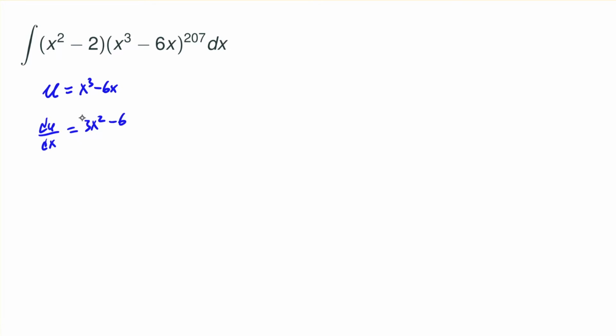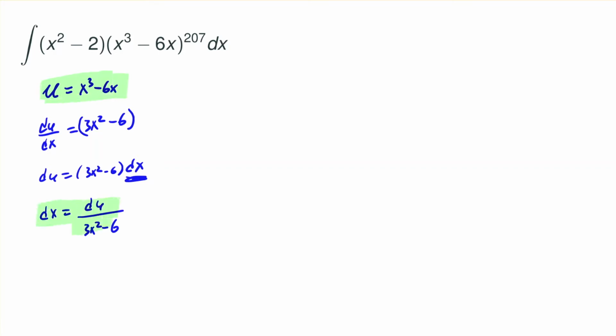Right? So essentially, we have a parenthesis here. Then we can solve for dx. Well, du is (3x squared minus 6) dx. Then we can solve for dx by dividing both sides, right? So dx equals du over 3x squared minus 6. So we have u and we have dx in terms of u.